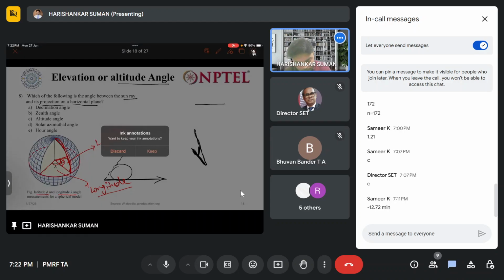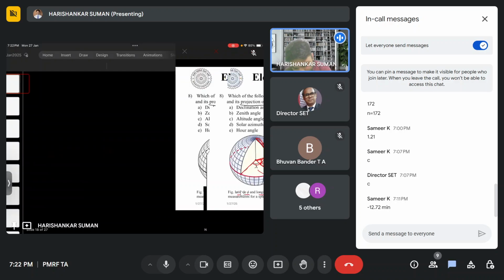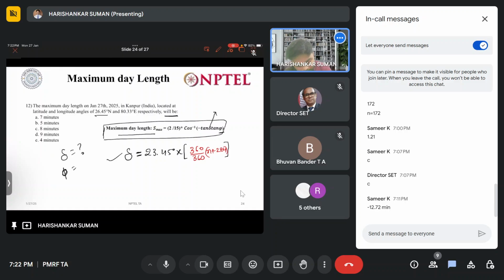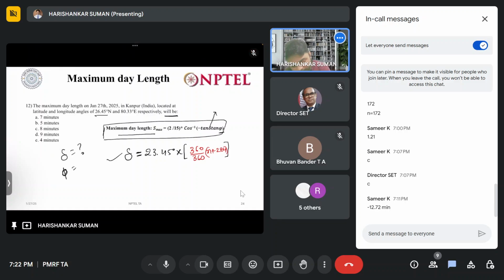So let me come back to the question. What is phi now? 26.45, this is also given. So use this value in this expression. Please tell me the answer.